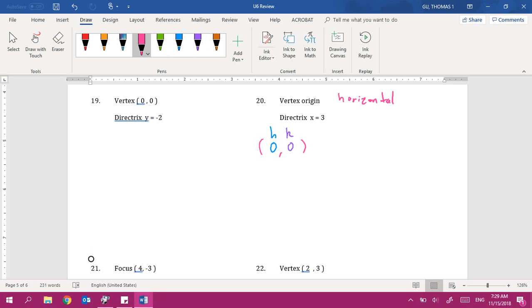Now remember, you're trying to write a formula for the equation, and the equation for a horizontal parabola is x equals a times y minus k, squared, plus h. Notice the formula is a little different because the h and k and x and y have switched places for horizontal. So then the directrix is x equals 3.